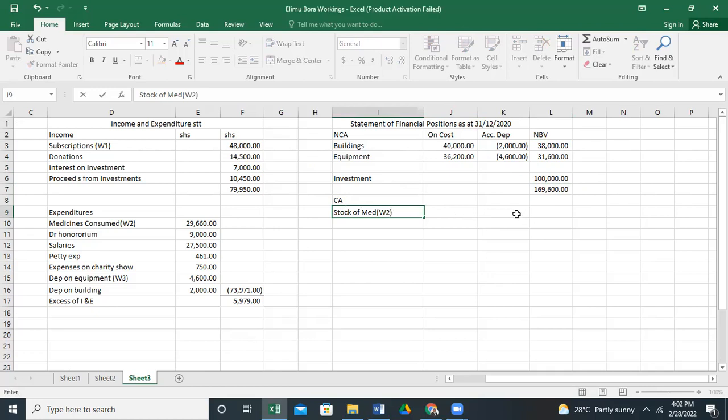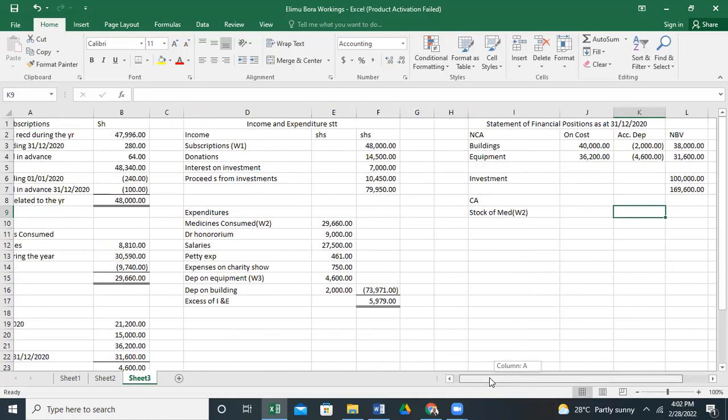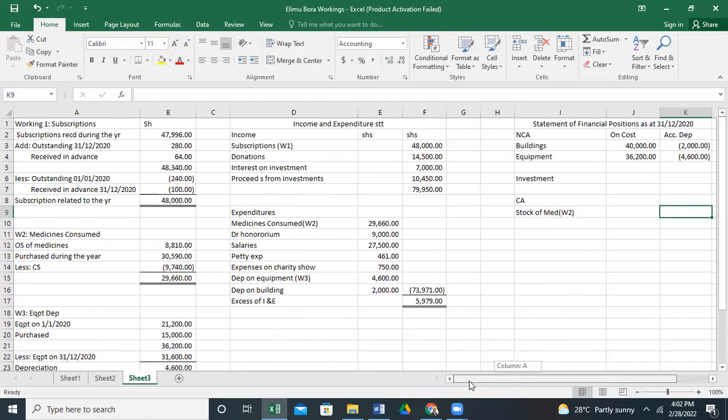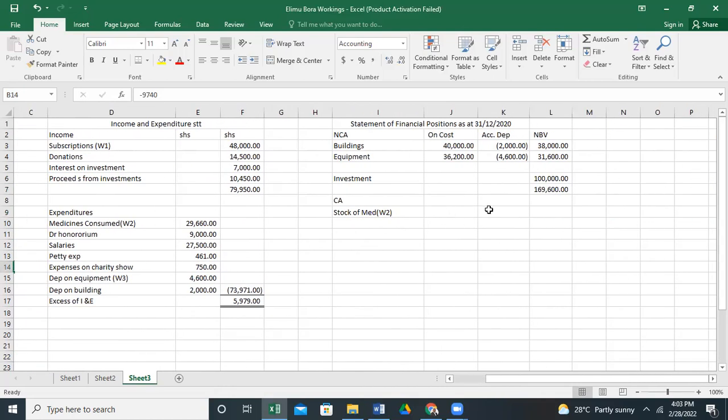And the stock of medicine is 90. We're going to get now the figures that we are closing, 97.40. So the closing figure here is 97.40.